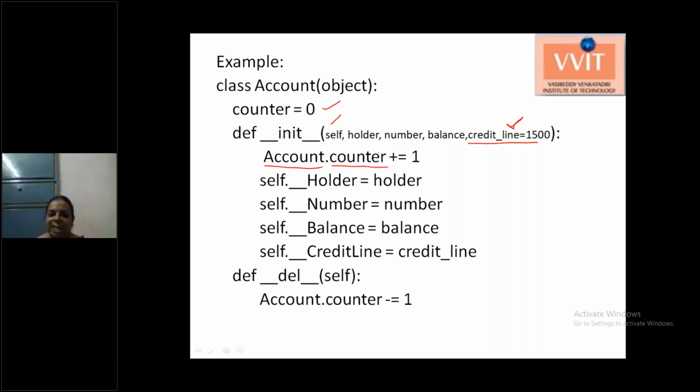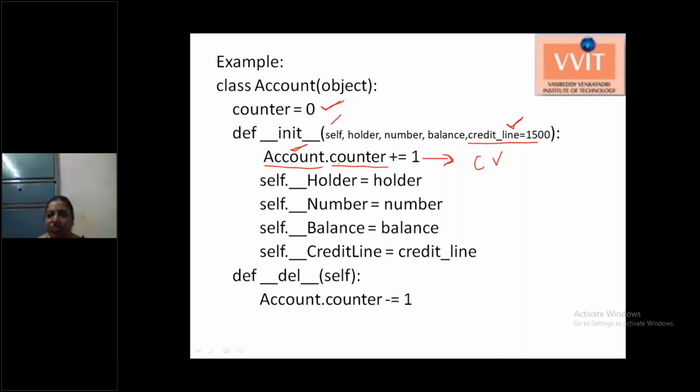That is, counter is incremented by 1, and whenever you access a variable with the name of the class, that variable is a class variable.